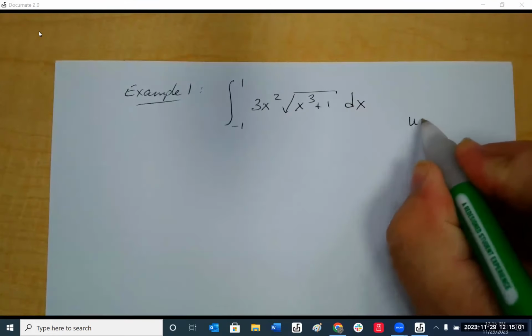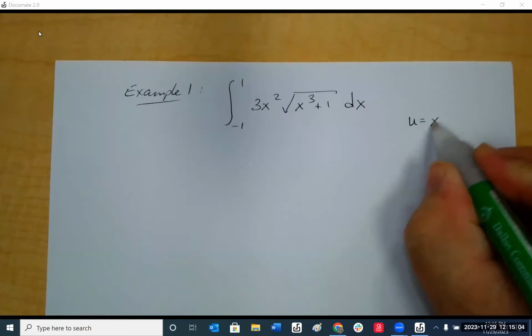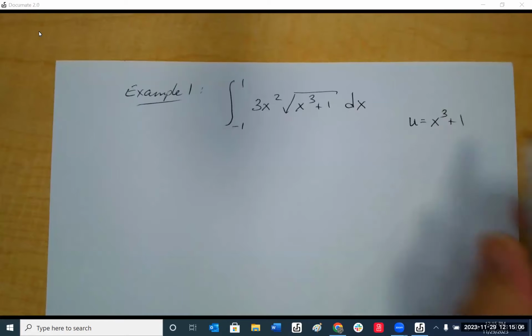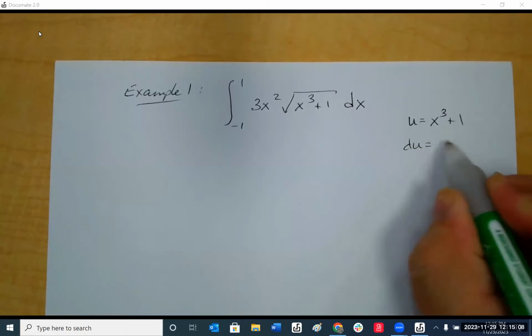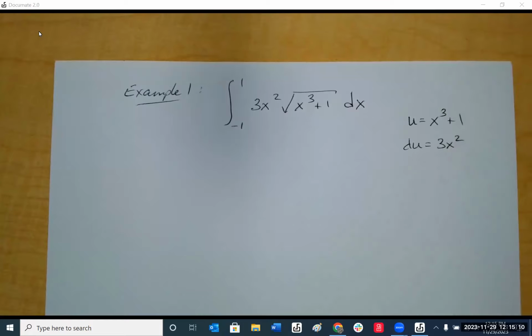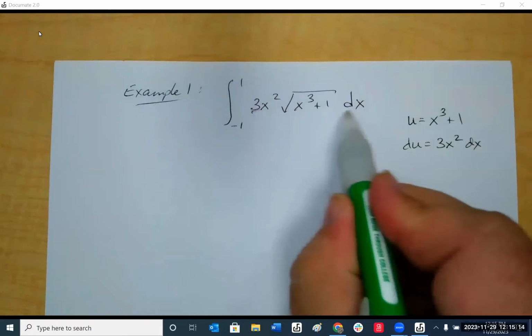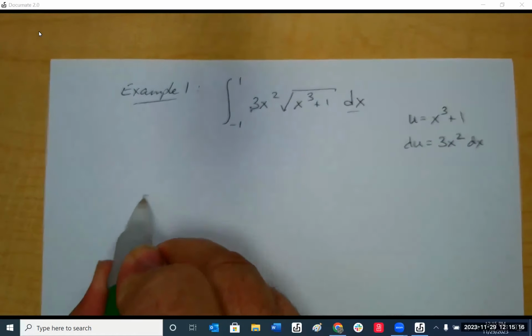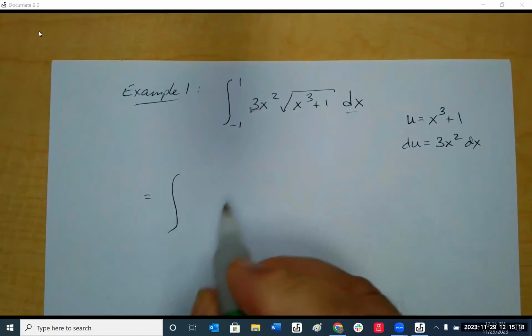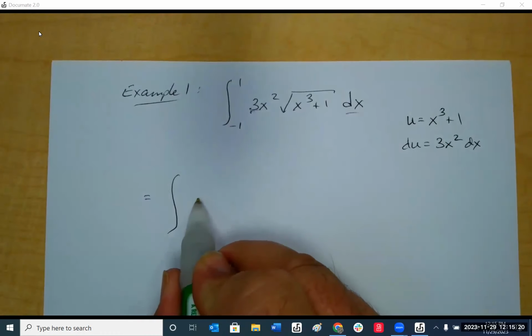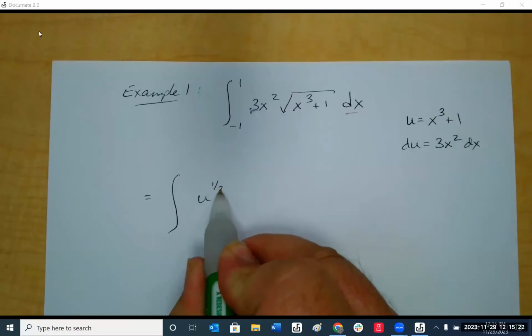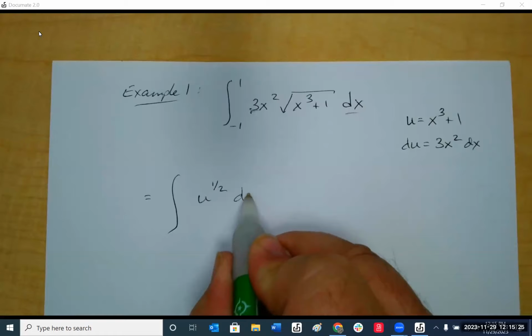So we know our u is x cubed plus 1. So du would be 3x squared dx, which is there. So we have u to the power 1/2 du.